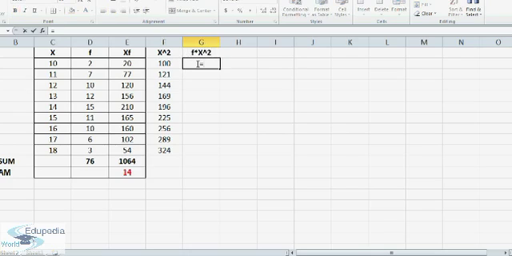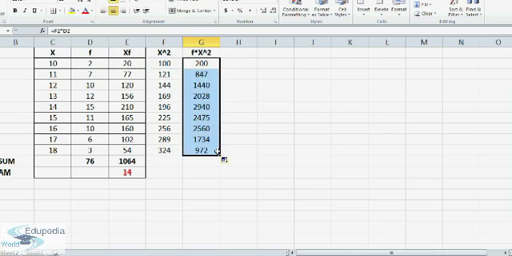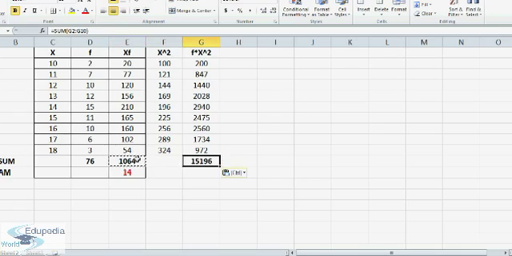That will be the value here multiplied by the value in this column. Then take the sum of that. Now this is your sum of the squares.